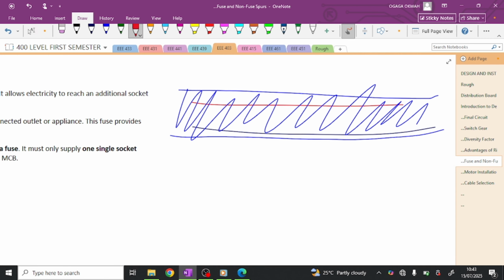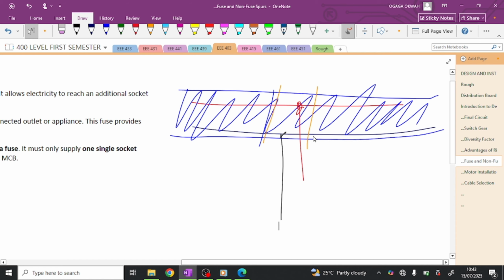So this spur just means you make an opening and then you connect, you tap the live and then you tap the neutral. So this is the spur we're talking about.